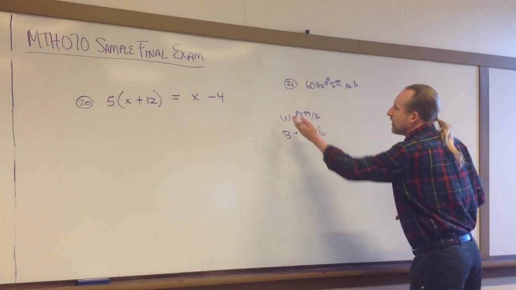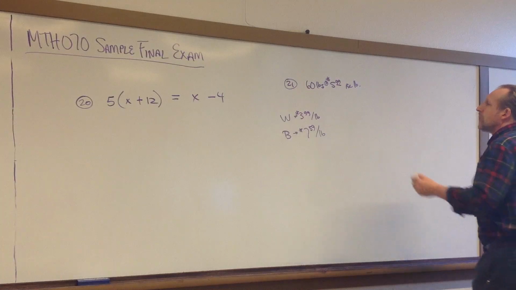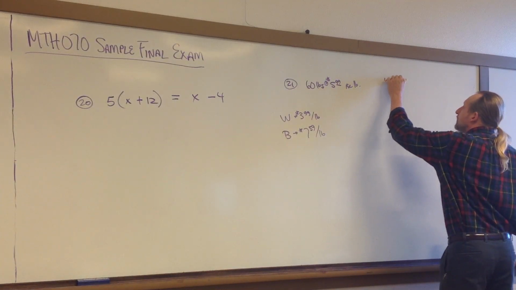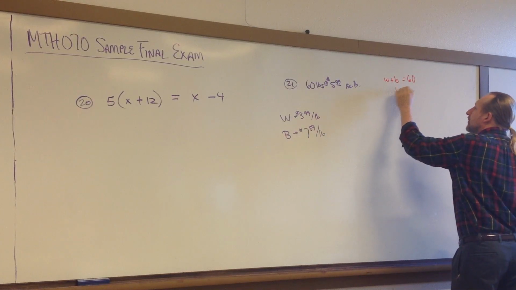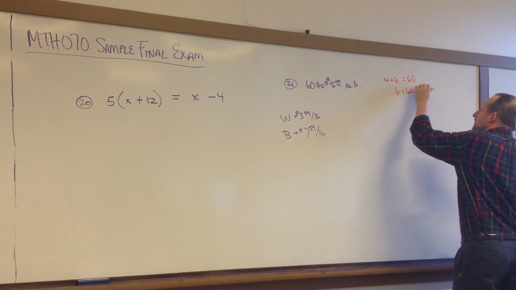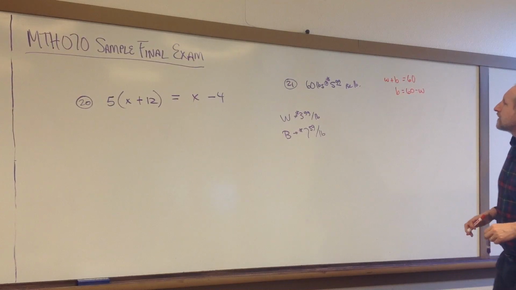All right. So remember how to set this up. If we want to call these W and B, that's fine. We know that W plus B, or X plus Y, has to make 60, and so B is going to be 60 minus W, or vice versa, whichever one you want to isolate.